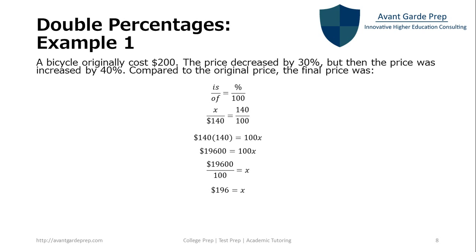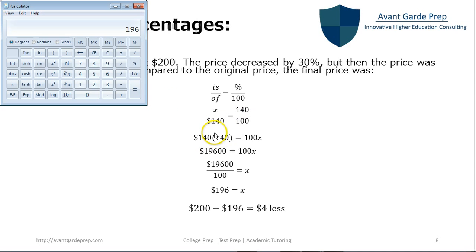Now we can answer what the question is actually asking. It says compared to the original price, the final price was, and it gave us a list of choices: $4 less, $4 more, and so on. So now we need to compare the original price to the final price. Since the original price was $200 and the new price is $196, we just subtract $196 from $200. So $200 minus $196, and that's going to give us $4.